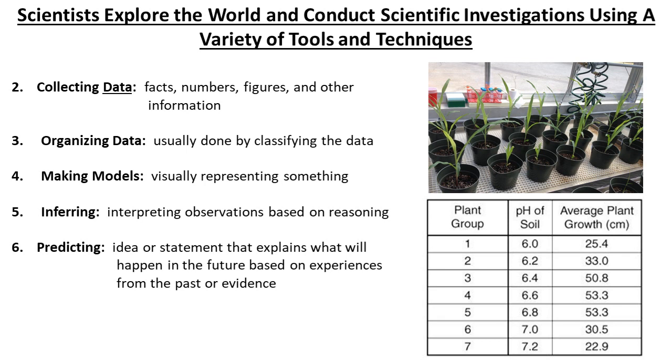So I can tell by running this experiment that if I want to grow these plants outside and have them be beautiful, beautiful, healthy plants, then my best bet is to plant them in a slightly acidic soil with a pH of 6.6 to 6.8. Another tool that we could use as scientists is making models. And again, a model is going to visually represent something.